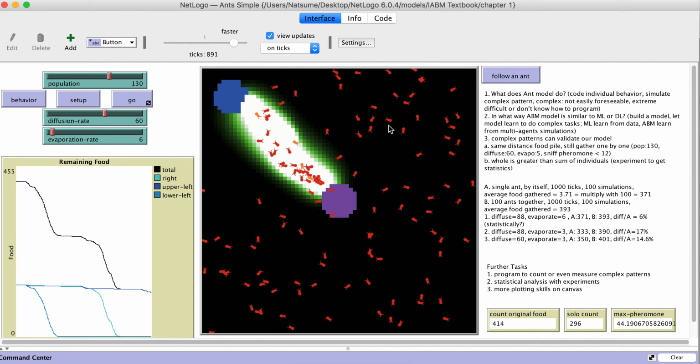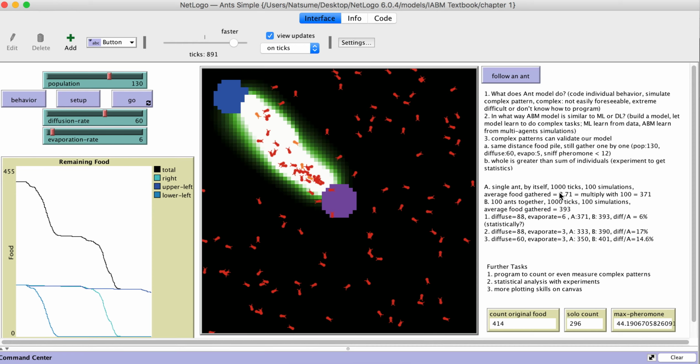For example, we can experiment 100 times for 1,000 ticks each time, and calculate how much food a single ant can gather on its own, and then take the average.